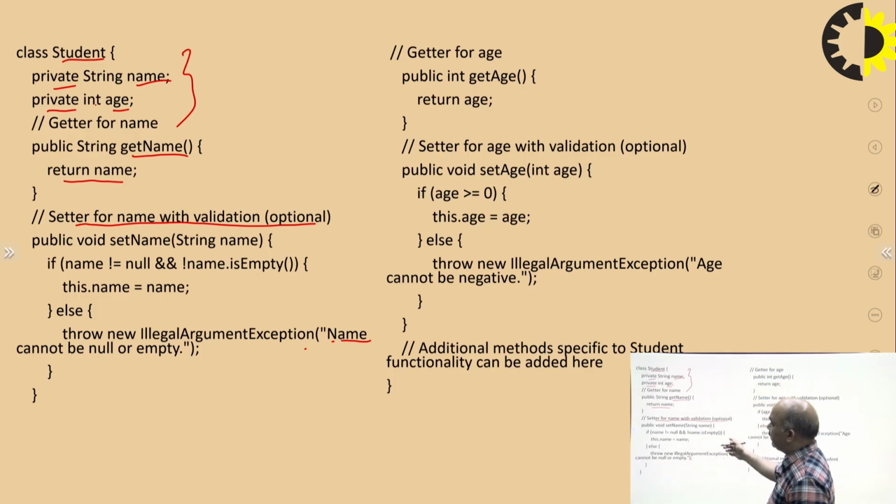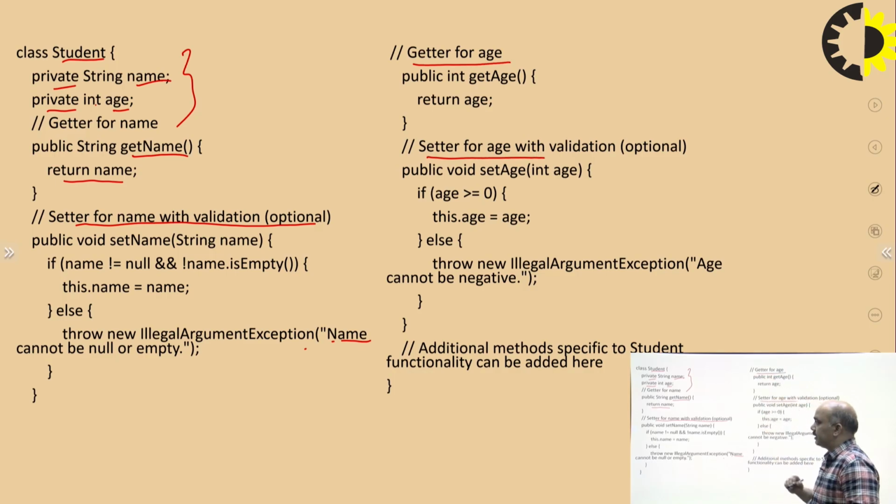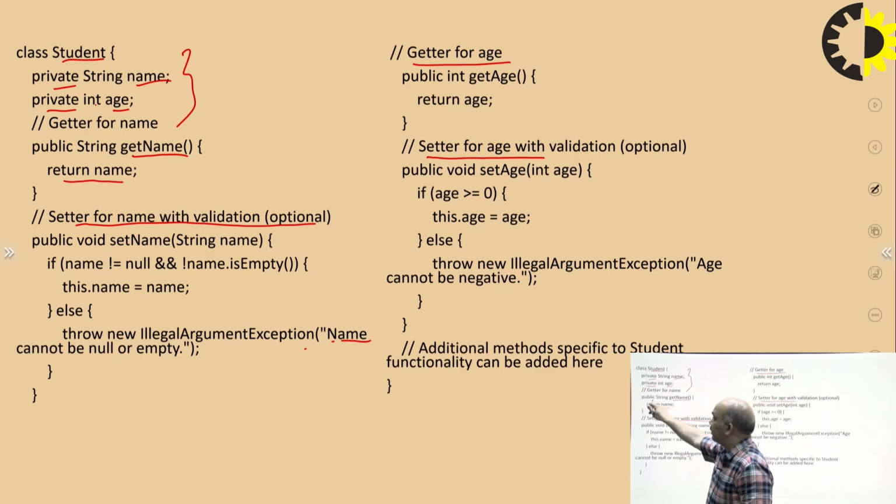So first thing is we have to define those as private, and they cannot be accessed from outside the class. If they have to access them, we have to get the age, then set the age, and again get the name, then set the name.